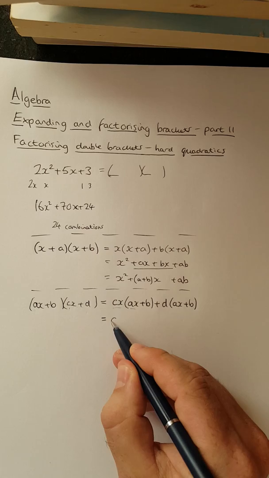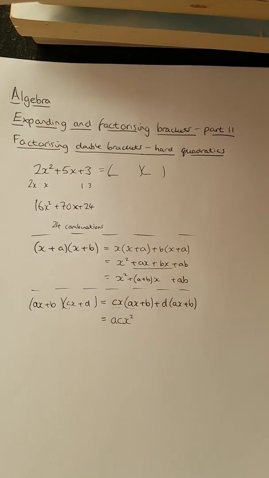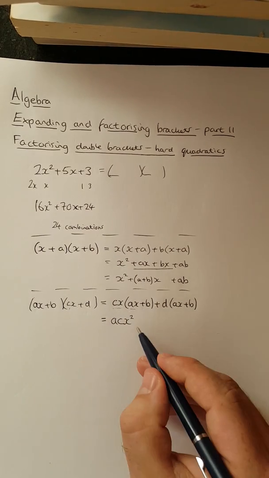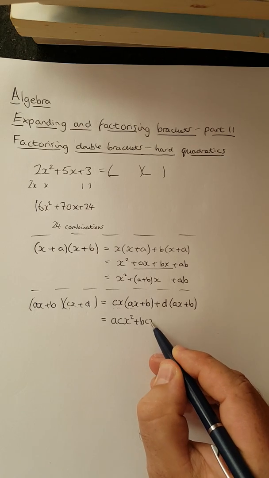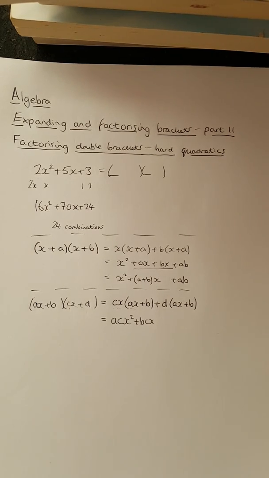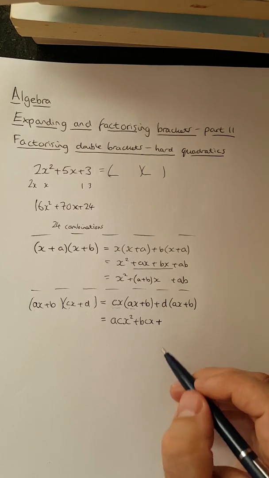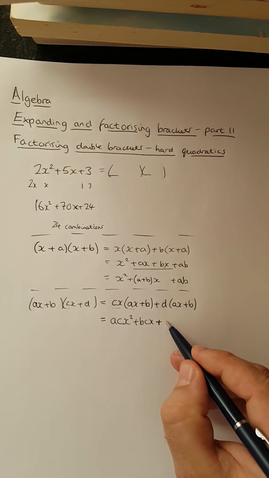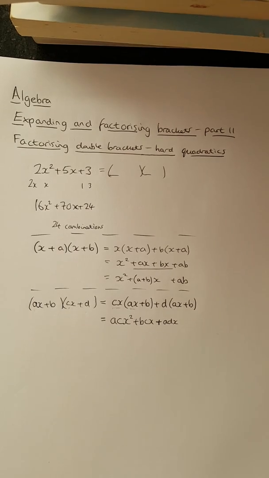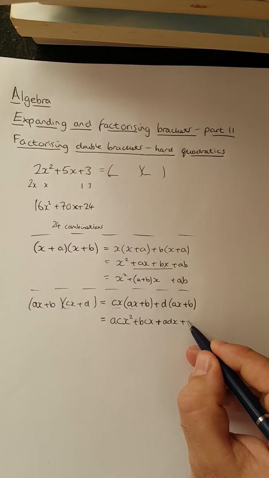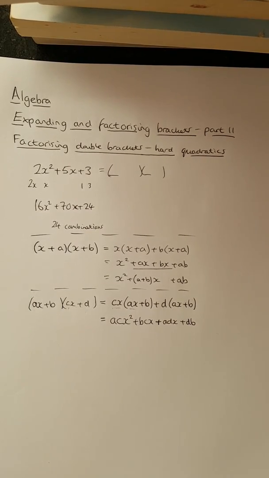Cx times ax is acx squared. Cx times b is bcx. Just put in the letters in alphabetical order. Dax is adx and db on the end.